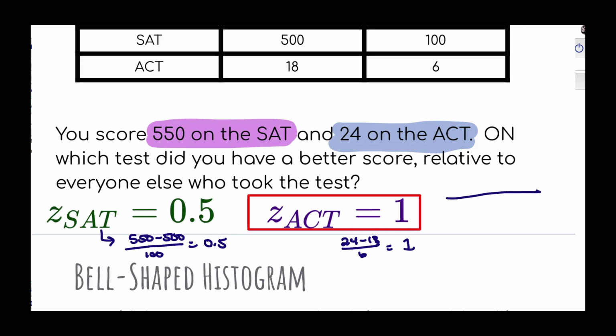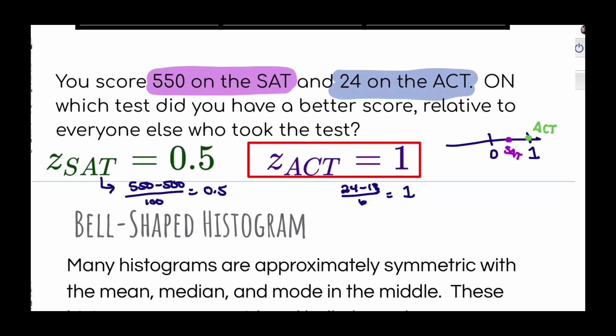On the number line, here's the mean, which has a z-score of 0. Here's 1. The SAT score is 0.5, so it's about right there. And the ACT score is here. So who did better? The ACT score was definitely higher relative to the other people who took that test. So the ACT score of 24 is better than an SAT score of 550.